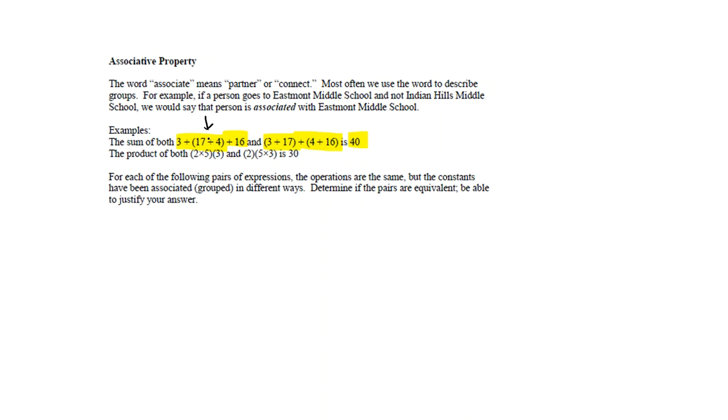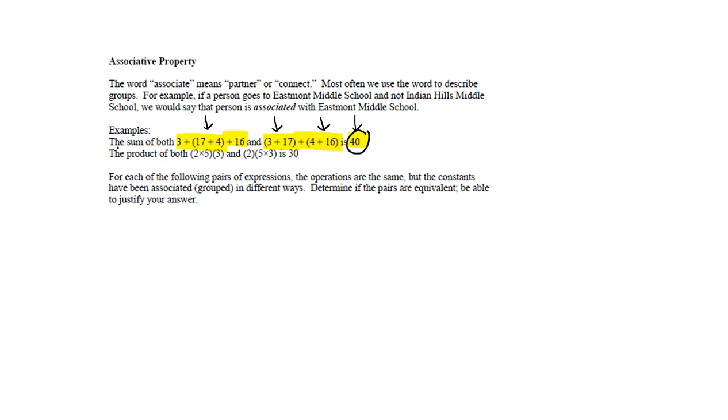So if you add the 17 plus 4 first, and then add the 3 and 16, you get 40. Or if you add the 3 and the 17 together, and then the 4 and the 16 together, and then add those two together, you also still get 40. Okay, so it doesn't matter which one you choose to add first.